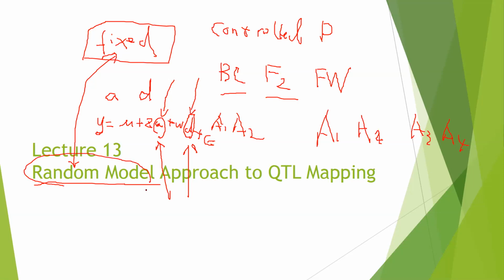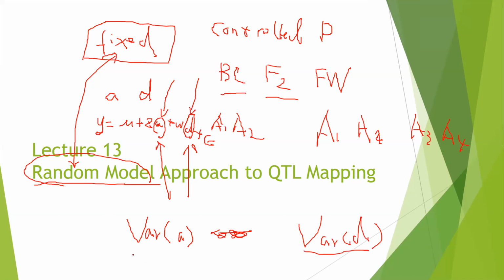So instead of estimating each individual genetic effect for each allele, we just estimate the variance of the genetic effects of the allele, either variance A or the variance of the dominant effect.